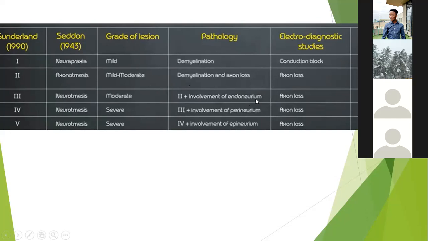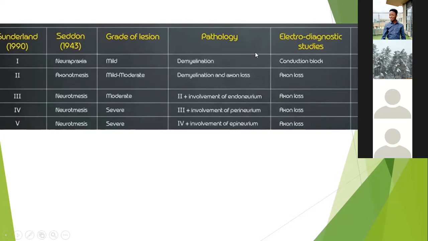But all the others remain intact. In grade 4, you involve the perineurium, but the epineurium and paraneurium are intact. In grade 5, you sever everything, including the epineurium, the paraneurium. Then you have the most severe form of damage.